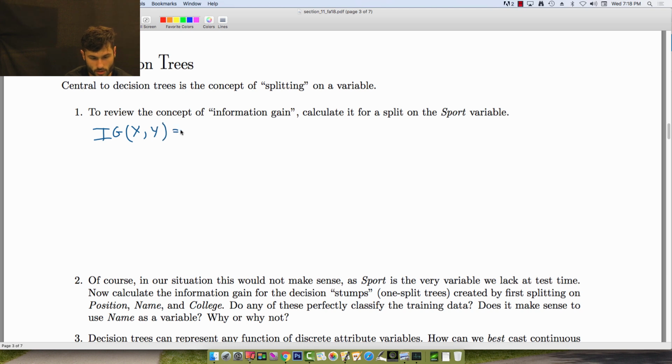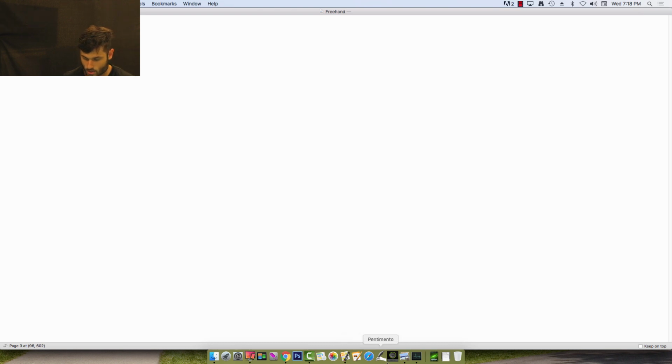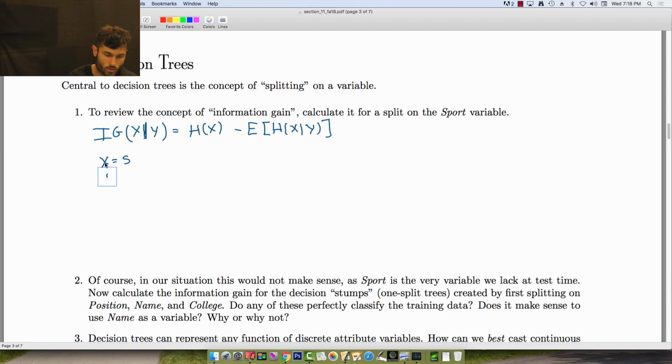How it's computed is the entropy of x minus the expected entropy after the split. So the expected entropy of the variable after we have a split with the variable y. So in this case, our variable x is equal to sport, and our variable y is also equal to sport.